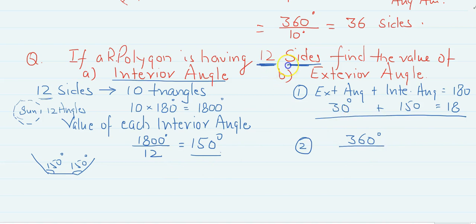And it's a polygon with 12 sides, so we divide it by 12. So it will be 30 degrees. So either you solve it by this method or by this method. As you know very well, if this is 150, this angle will be 30 degrees.